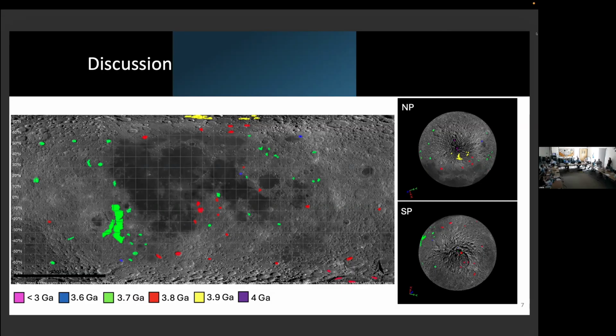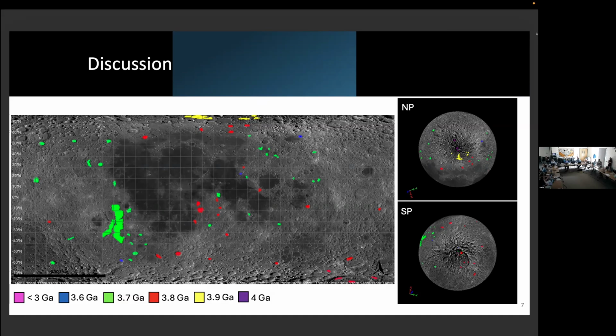Now, I say this because of the contradicting point of the crater counting age for the Imbrium that has been coming up constantly between different groups, of the 3.85 billion year age for it as compared to its sample age of 3.92.